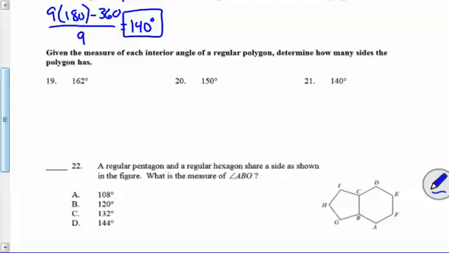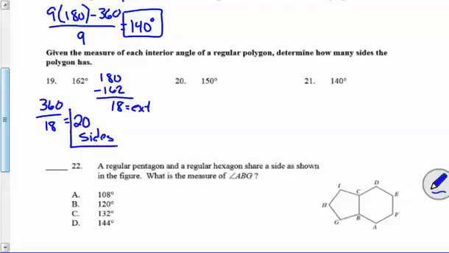So working with an interior would be much more complicated. So I'm just going to switch from interior to exterior by just subtracting. Since my exterior is now 18, I just plug that into 360 divided by 18. And when I do that, I get 20 sides.